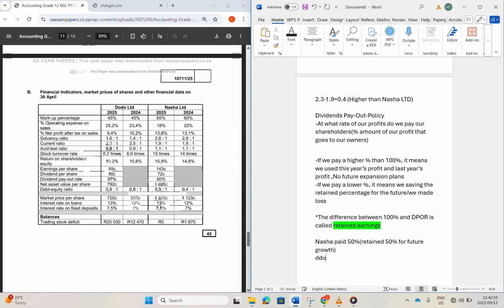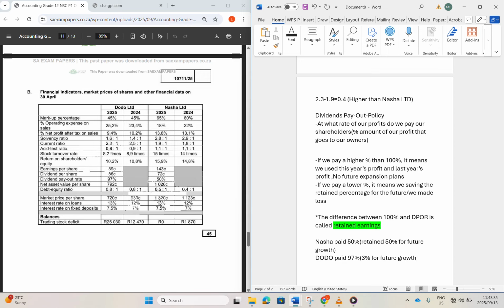So Dodo Ltd, how much did they pay? They paid 97%. Remember, the difference between 100% and the dividend payout rate is called retained earnings. So they retained 3% for future growth or expansion.